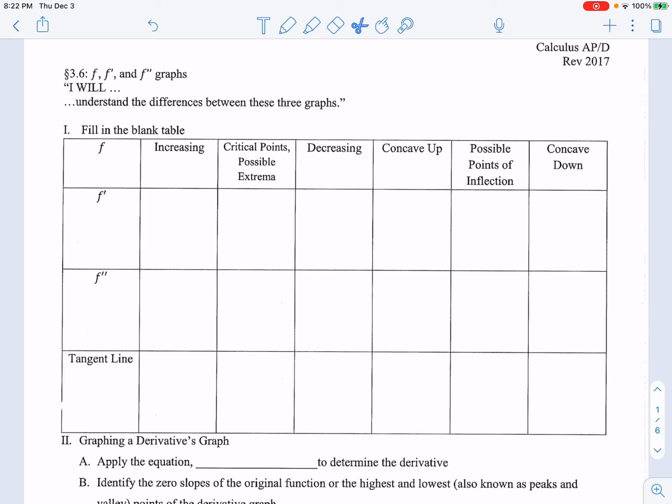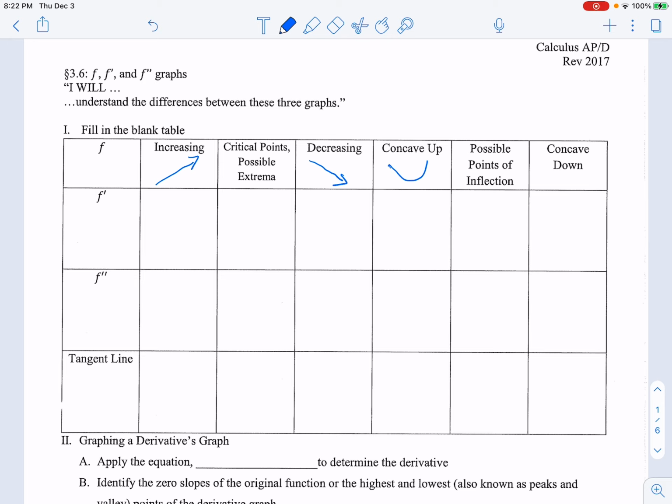If I have the function graph, when it's increasing, hang on, it's increasing. Critical points and possible extrema, those you can solve and find them, right? Or it's decreasing. It's concave up.